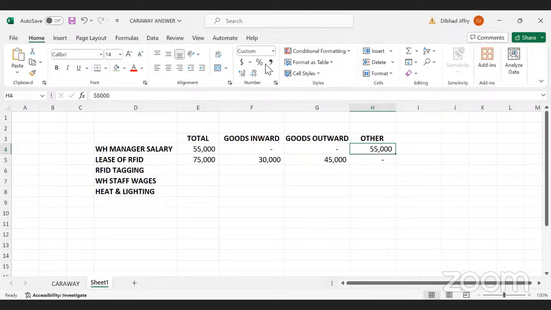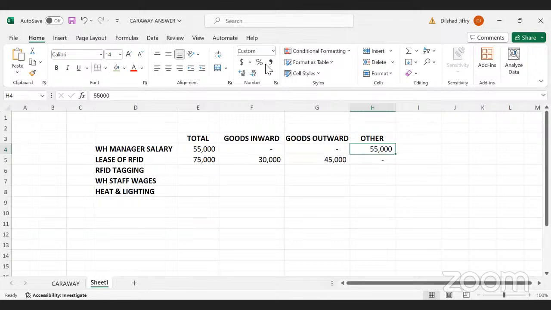So into, let's say, 3 in the brackets. $24,000, no?